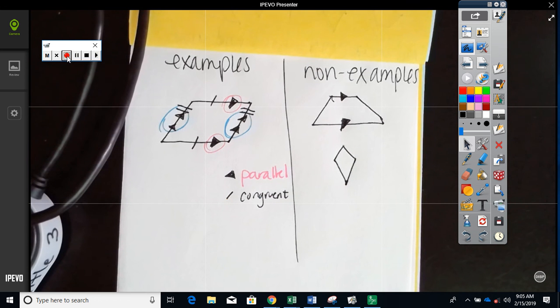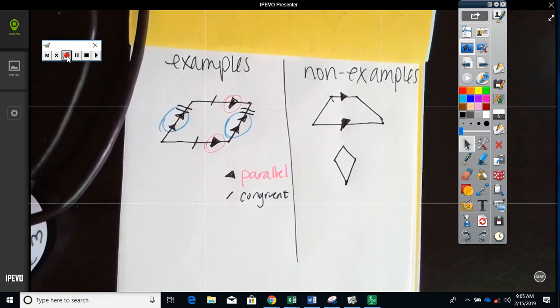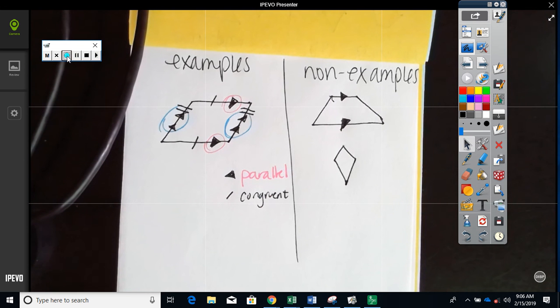Yeah, a triangle would definitely be a non-example because it's not even a quadrilateral. It's not even kind of close. But yes, it would be a non-example.